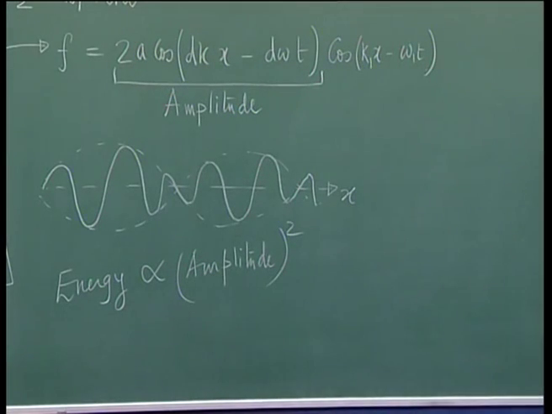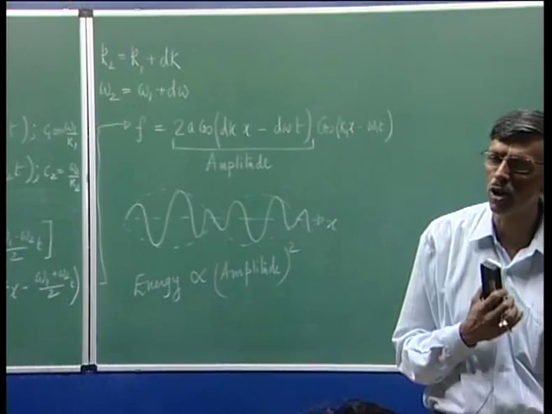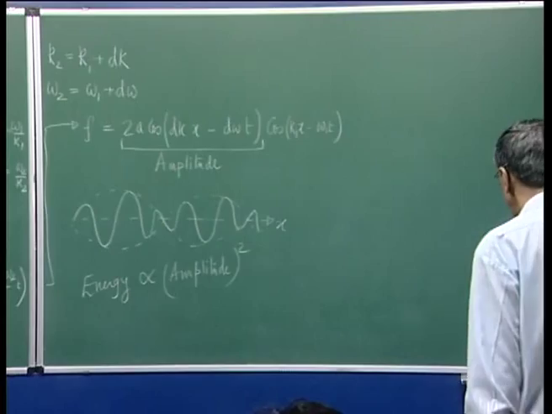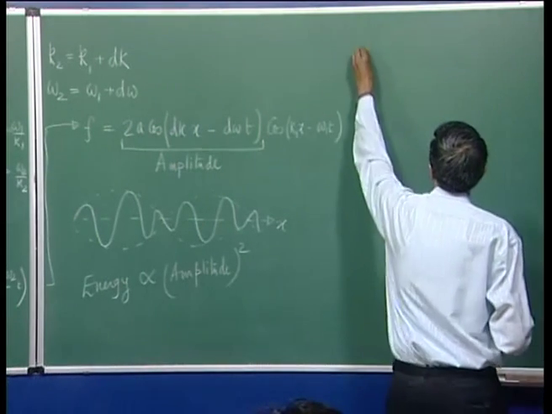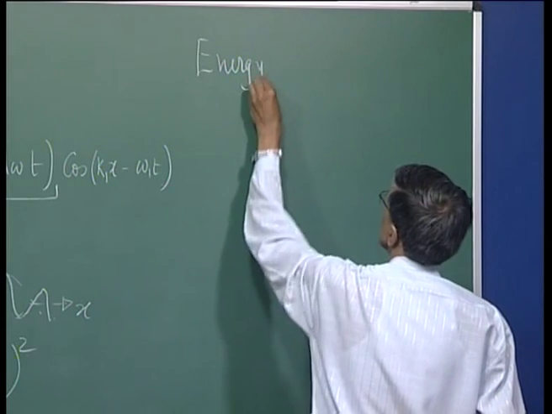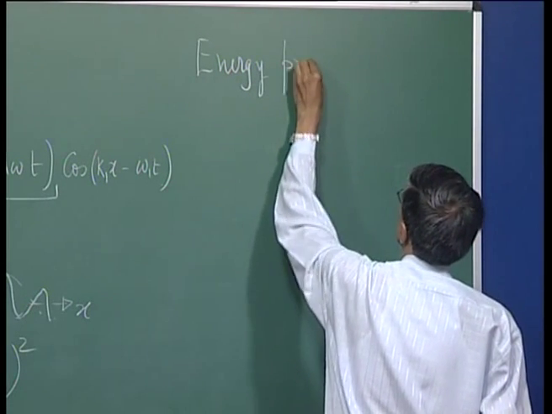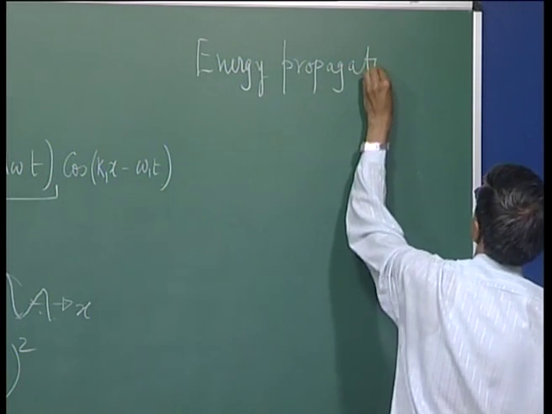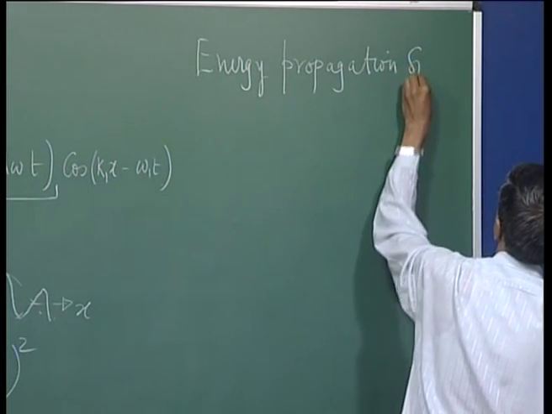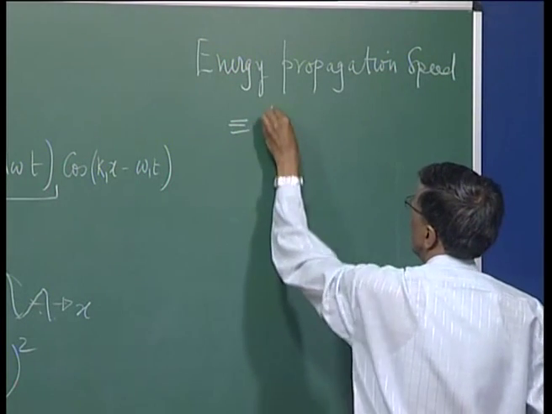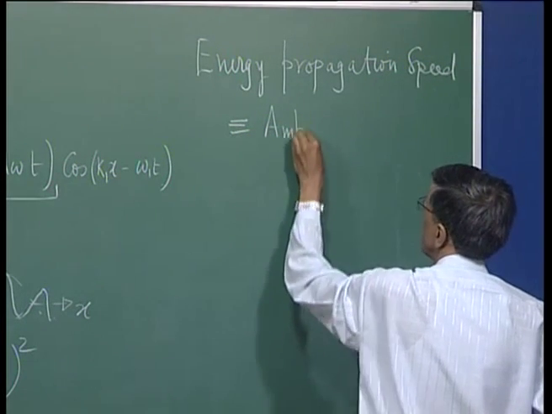So, the speed at which the amplitude propagates would also be the speed at which the energy propagates, right? So, basically then we conclude that the energy propagation speed would be equal to the amplitude propagation speed.